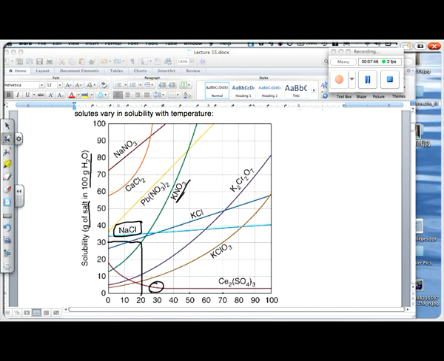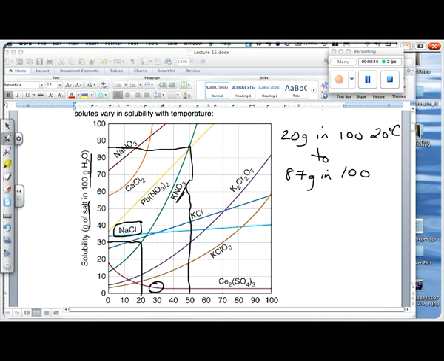At 50 degrees Celsius, go back up to the same graph. Here it is, it intersects right here, and if we go over, it looks about 87. So we go from 30 grams in 100 to 87 grams in 100 when I go from 20 degrees Celsius to 50 degrees Celsius.